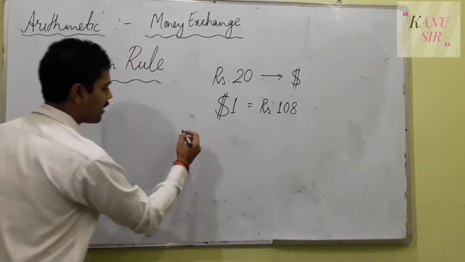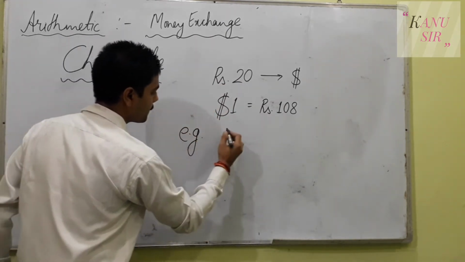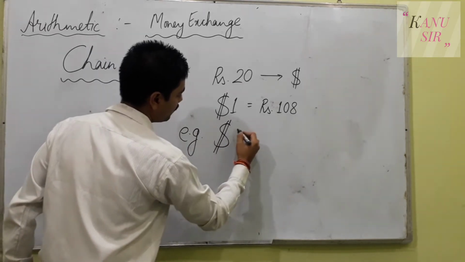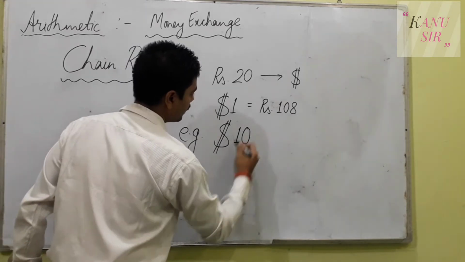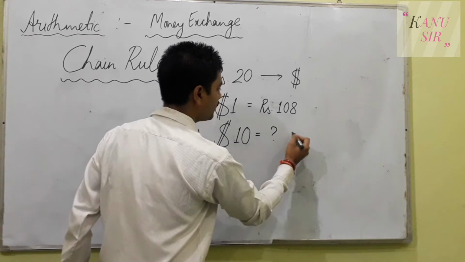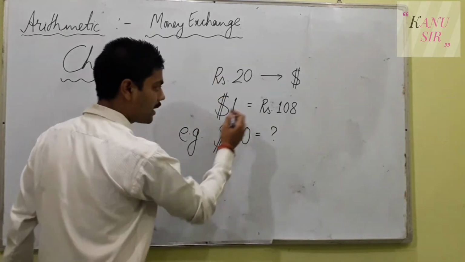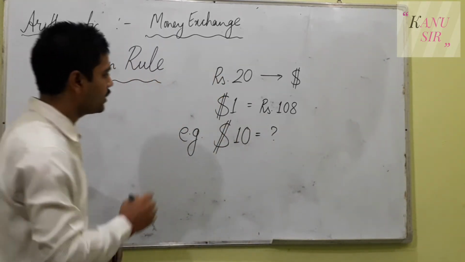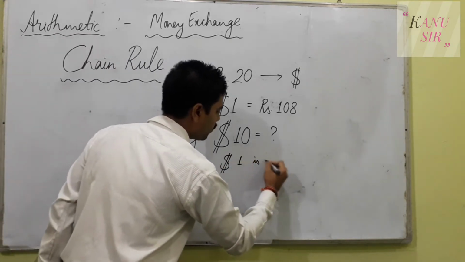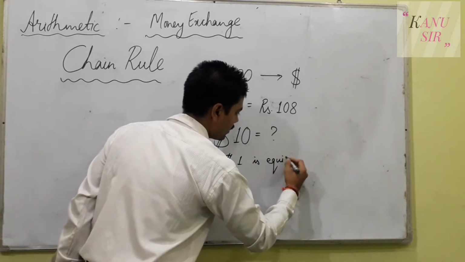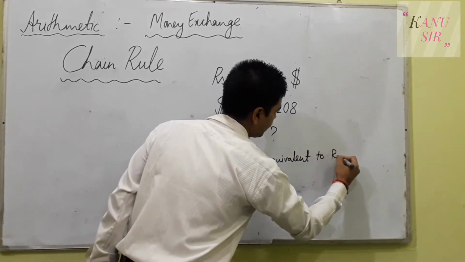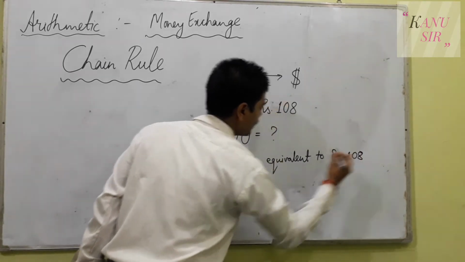So let us take an example. We are asked about $10. So $10 is equal to what amount of rupees here? By using the unitary method, we can say that $1 is equivalent to rupees 108.